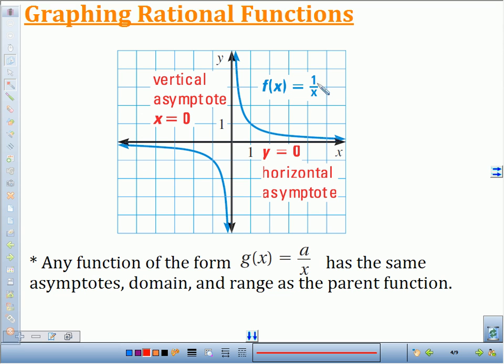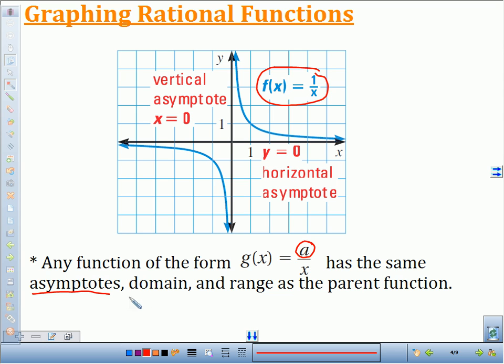This is the graph of f of x equals 1 over x. But it could just as easily be f of x equals 3 over x or 4 over x. In fact, any function that's just some number a over x has this shape. And the asymptotes are the same.